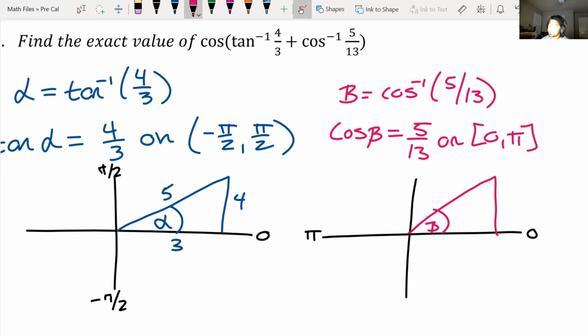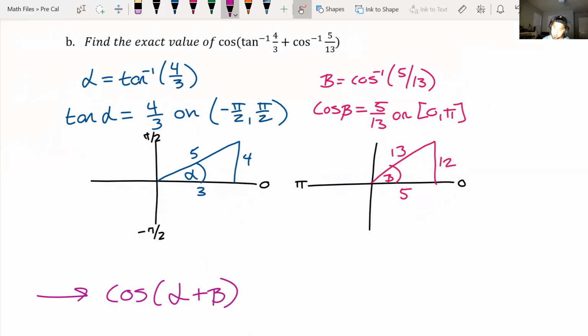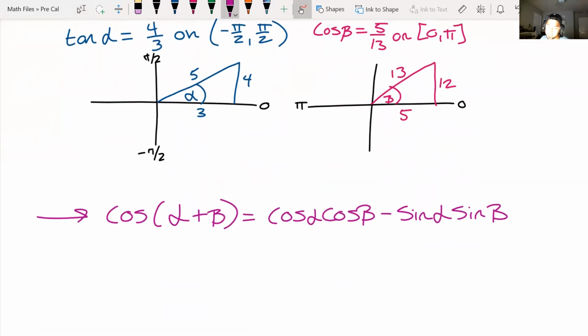And if cosine is 5/13, the base is 5, the hypotenuse is 13, and what is the height? 12. Perfect. There's all the information we need. And now we come back to our substitution, which means you're going to get cosine of alpha plus beta, which gives us cosine alpha cosine beta minus sine alpha sine beta. Okay. And looking at our triangles, what is the cosine of alpha?